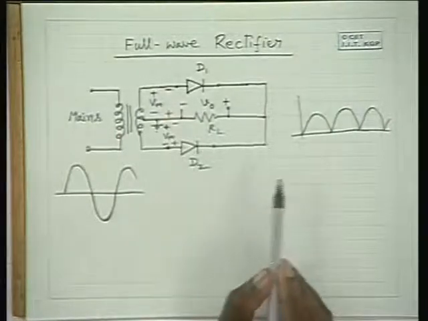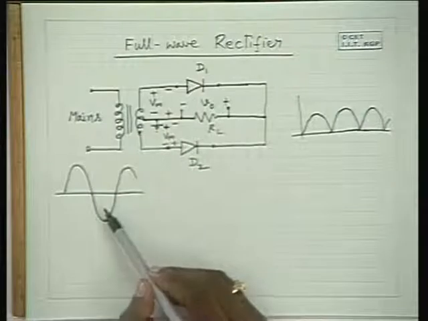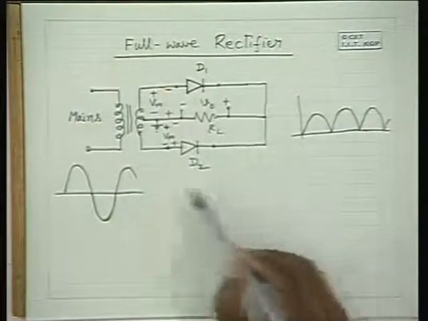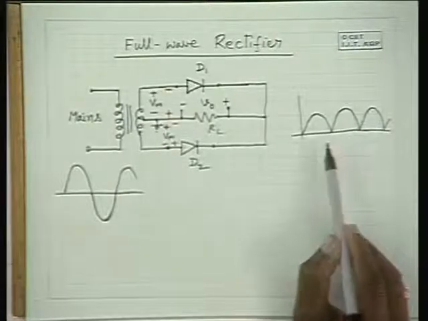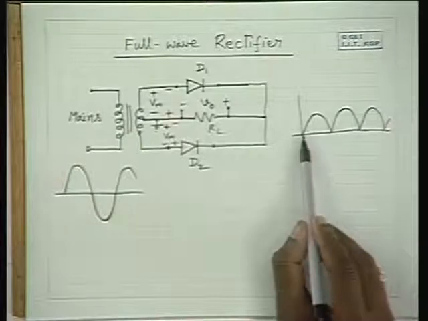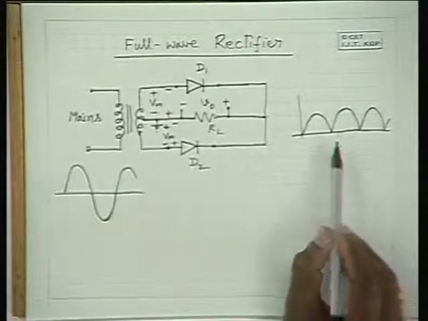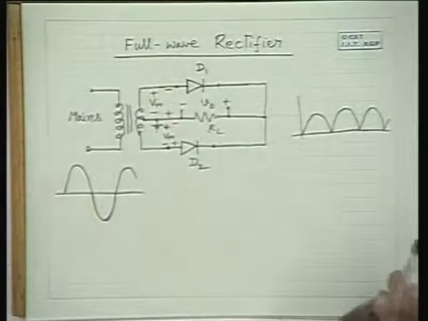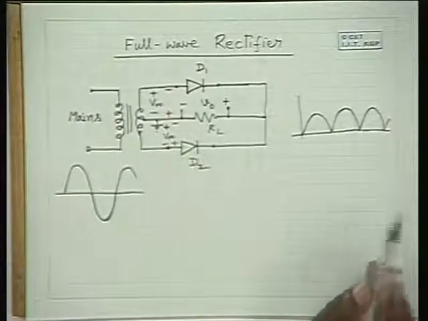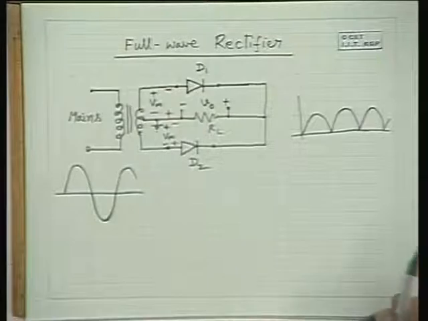So the advantage with this circuit is that both half cycles are used: the negative half cycle is also reflected to the positive side, and you have the full waveform appearing across the load resistance. Sir? Yeah. But in case the input voltage peak values were 20 volts, we will be getting 10 volts in the output. It depends on the transformer.